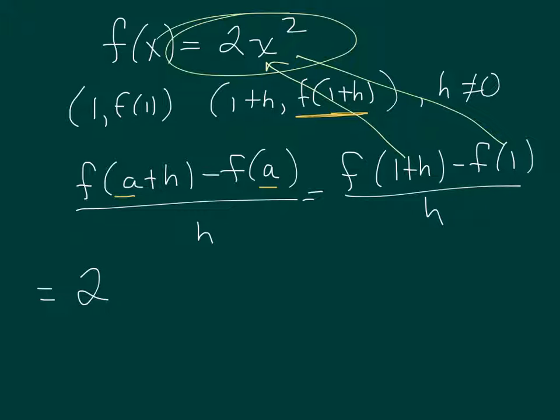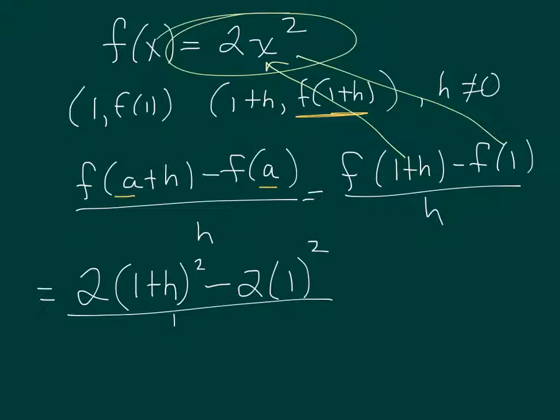2x squared, where I see an x, I plug in 1 plus h squared, so that's 2 times (1 plus h) squared, minus where I see an x, I plug in a 1, all over h.